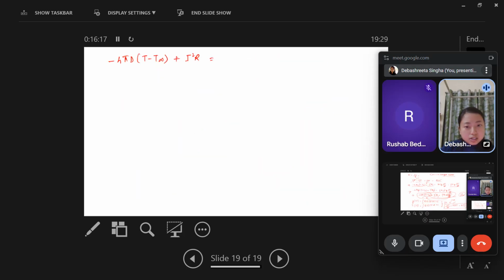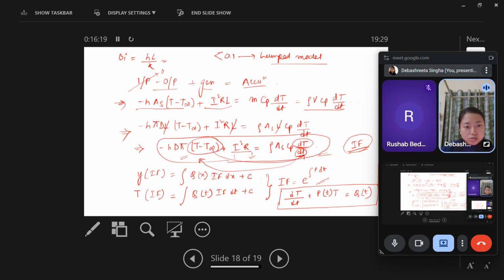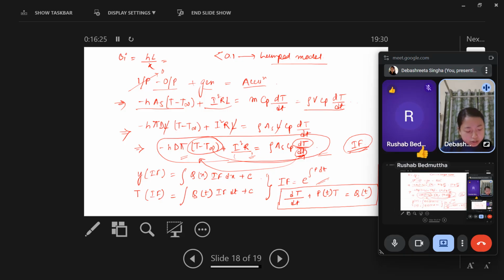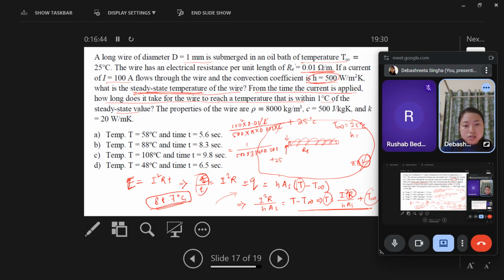So just integrate this, then you just find out how much is the time taken. If you integrate this, all other values will be known, and you can find out this time. Yeah, so do this by yourself. If you don't get the answer, then you just let me know in the next class, or we can also solve in the next class.